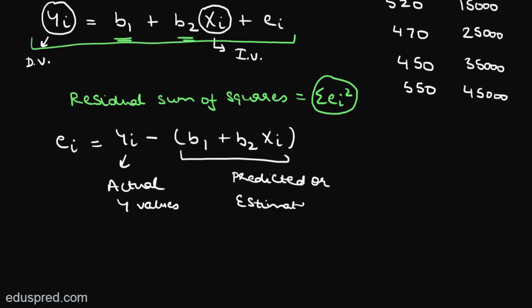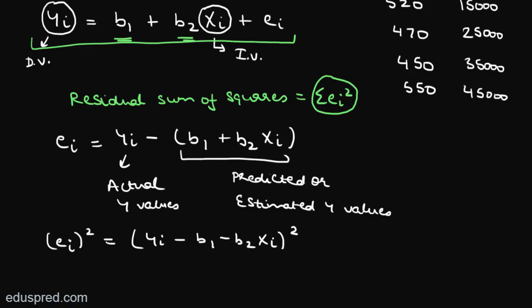Now if this is ei, then ei square will be the square of this expression. So ei square will be (yi minus b1 minus b2 xi) whole square, and summation ei square will be summation of (yi minus b1 minus b2 xi) whole square. So this is the expression that we have for summation ei square.